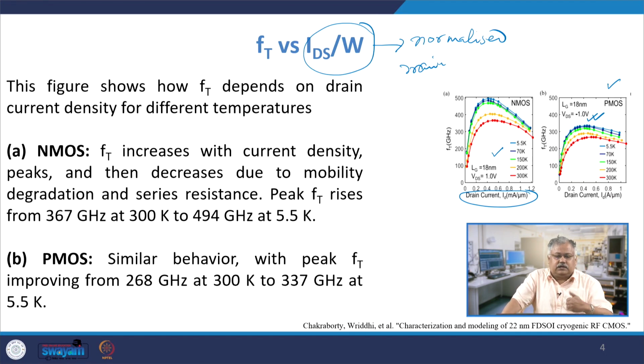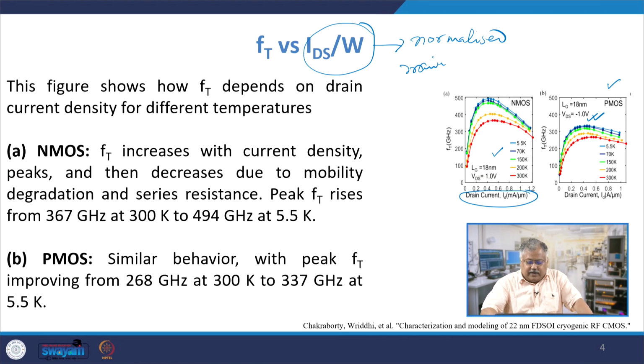The FT increases with the current density, becomes maximum and then starts to reduce. The increase is primarily because degradation in the current is lower, and therefore you get a much larger value of FT max. But beyond the point when the current increases, series resistance comes into picture, mobility degradation comes into picture, and therefore your FT starts to fall down beyond a particular limit.